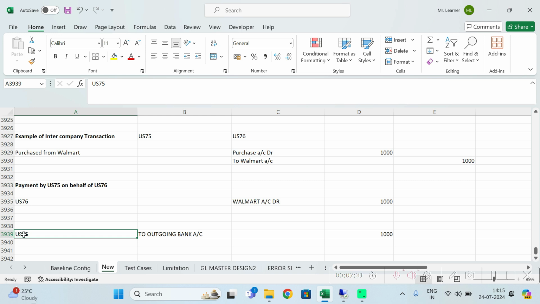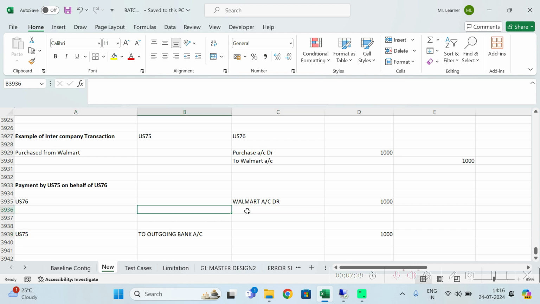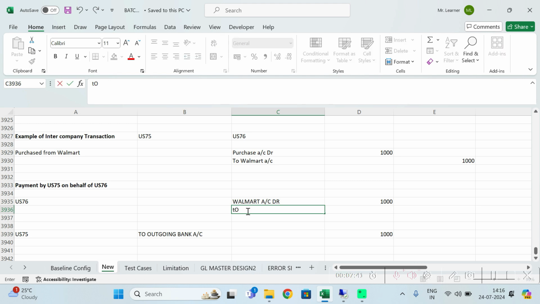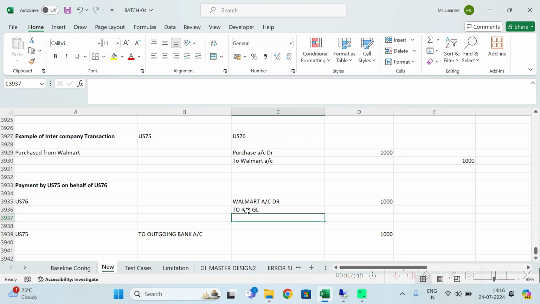So in this scenario, you have to set up the intercompany. There is a configuration you have to do. So what will happen? One line item will come for this one to ICO. One intercompany GL you have to create.